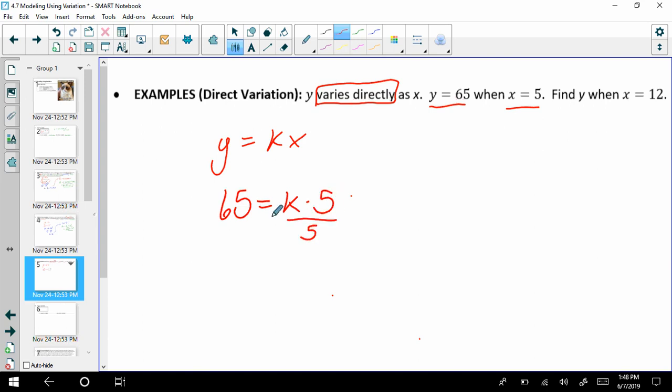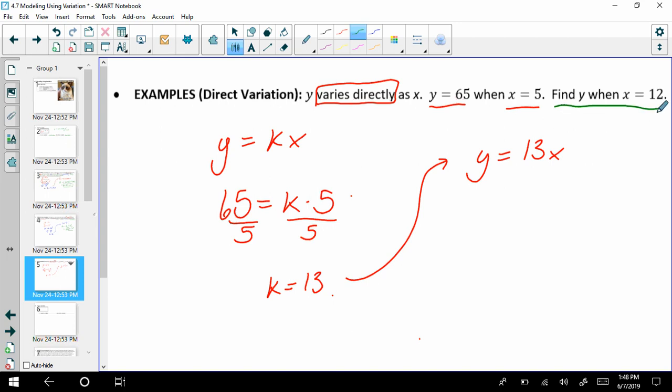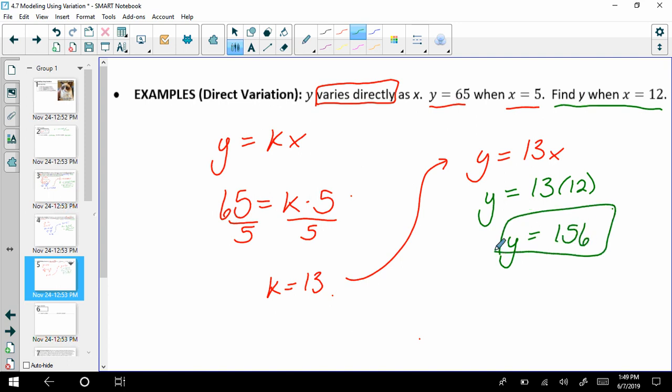So I'm going to divide by 5. We get 13. So let's write our equation now that we know k. Now they're probably going to have me use it to find something. Find y when x is 12. So 13 times 12. The value of y should be 156.